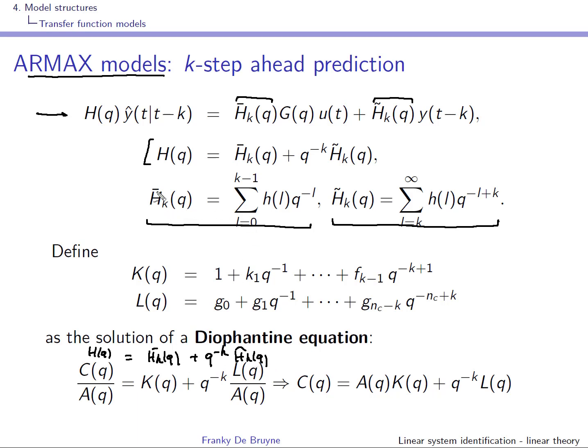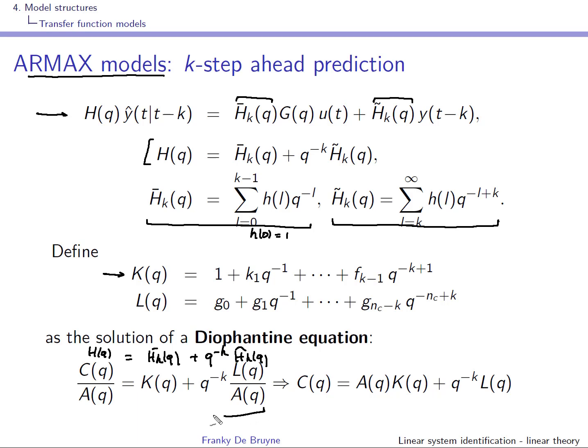H bar k(q), this is a finite sum, so this is really a polynomial. Remember that h0 is 1, so this polynomial K over here is monic. Here h tilde k(q), it's an infinite sum, so this is really a transfer function. Of course the denominator will be A and the numerator is unknown, we'll call it L.